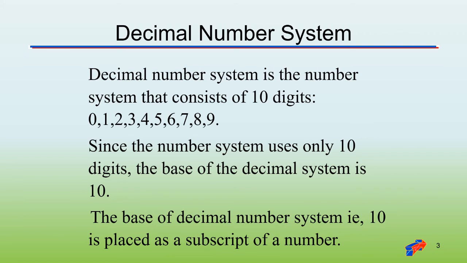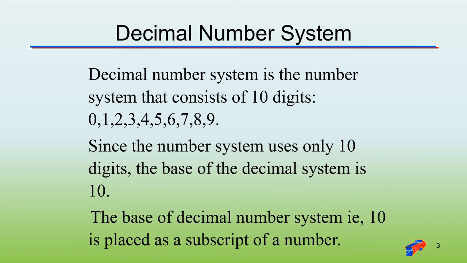Since that number system uses 10 digits, the base of the decimal number system is 10. The base of the decimal number system is represented as a subscript of a number.